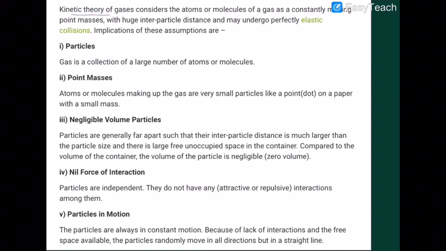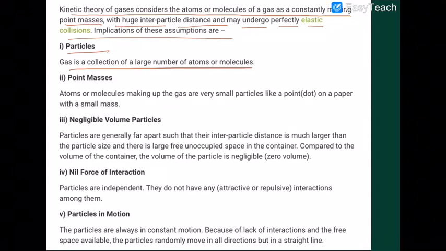The kinetic theory of gases considers atoms or molecules moving like point masses with huge interparticle distances. They may undergo perfectly elastic collisions. Implications of these assumptions are given now. Particles: gas is made up of a large number of atoms or molecules.